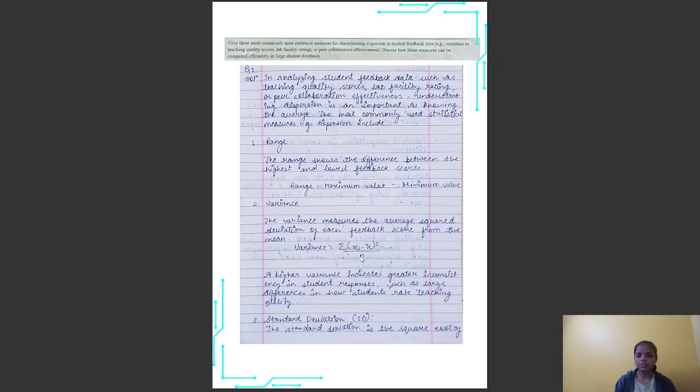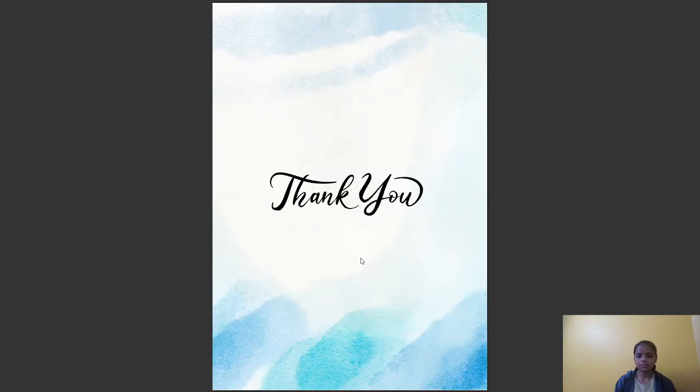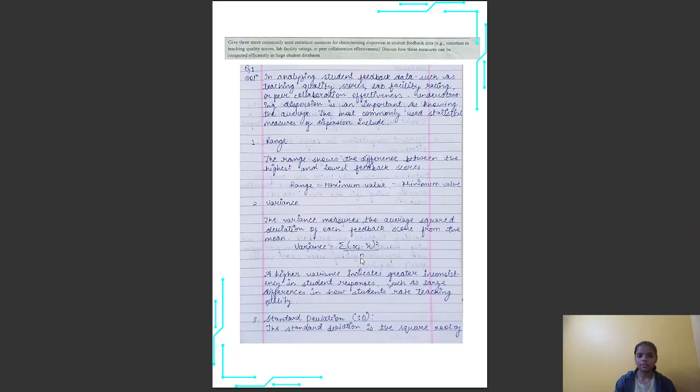N is the number of total data frequency. Now, a higher variance indicates greater inconsistency in student responses, such as large differences in how students rate teaching quality.